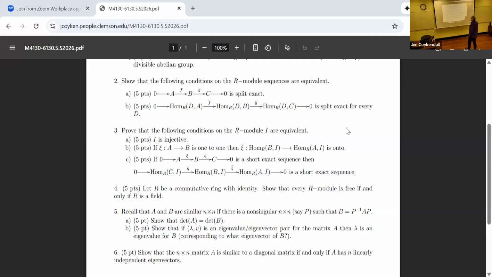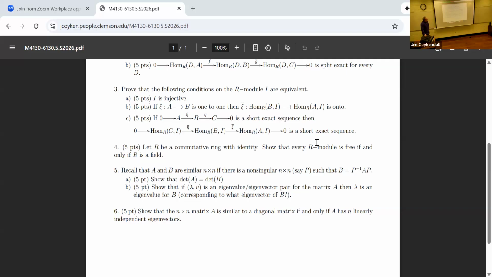So think about that. The last 2 problems, 5 and 6, are designed to get you warmed up when we do modules over a PID and the canonical forms. So this is a blast from the past with some linear algebra. Some of these will be pretty quick for you. You can use any facts that you know from linear algebra.